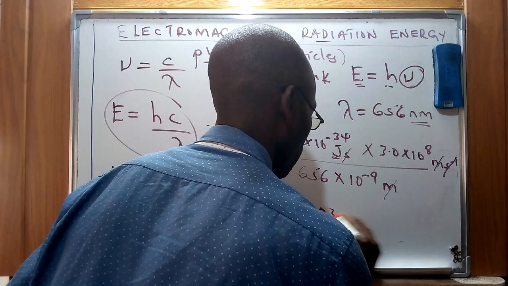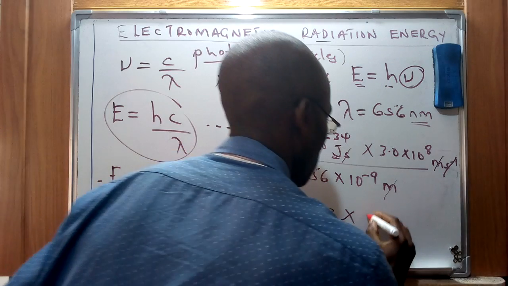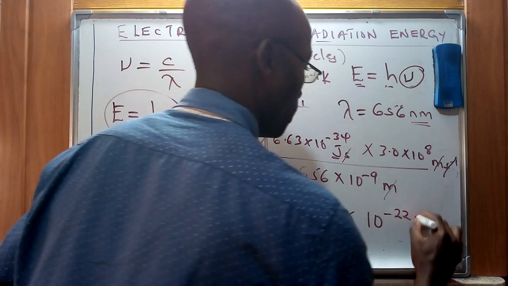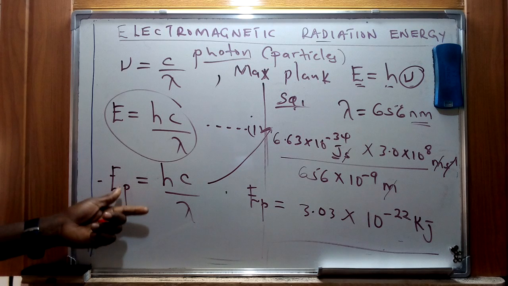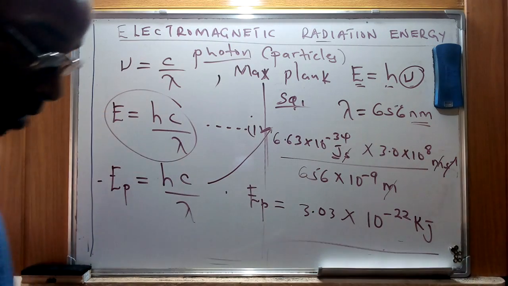And if you find a different figure, kindly inform us in the comment section so that we can do a rectification. So this is going to be in kilojoules, which is the energy of this particular photon of red light with a wavelength of 656 nanometers.